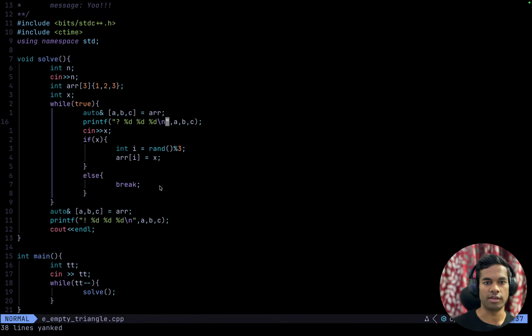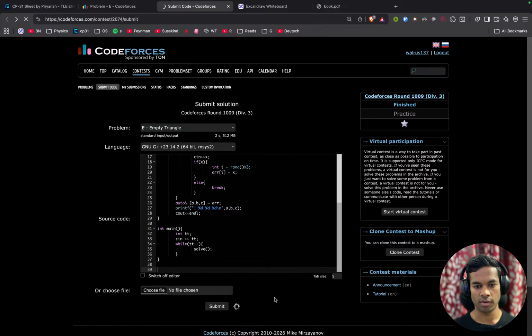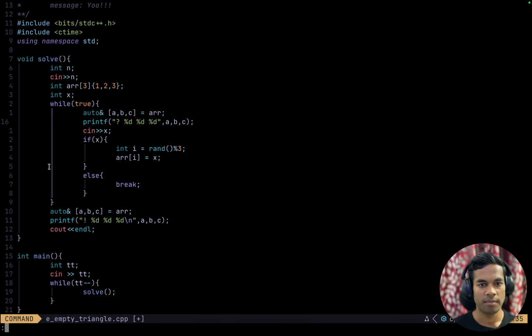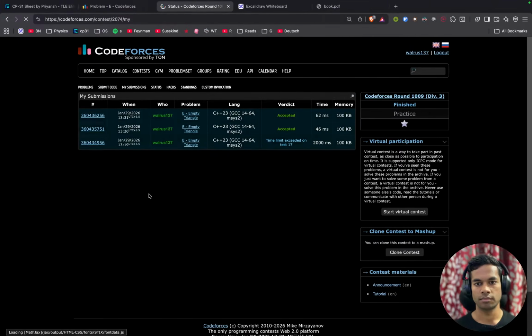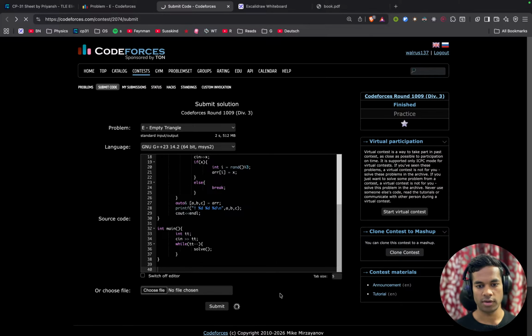So let's start with this. And yes, we are going to use Codeforces as the resource for checking our hypothesis. Yes, okay, it is working. I thought maybe not. And the second one, see out, new line, accepted, cool.